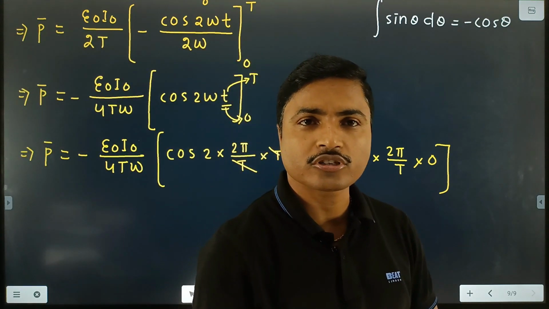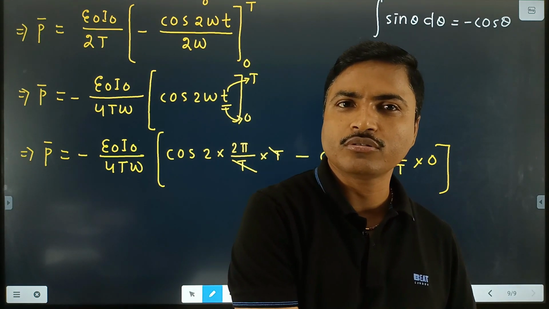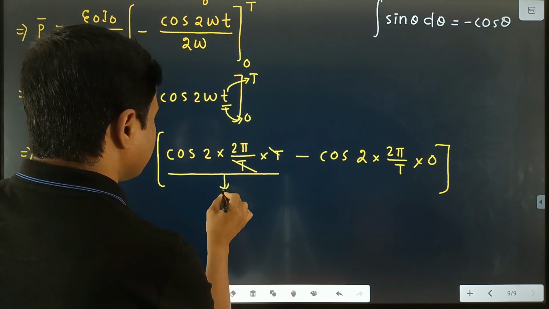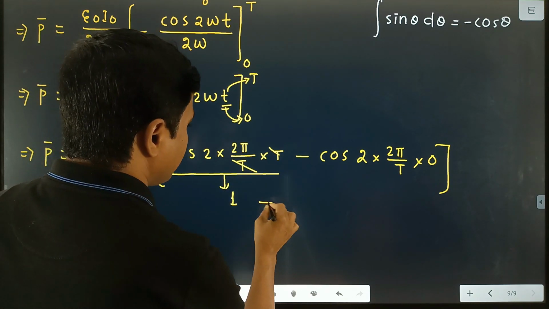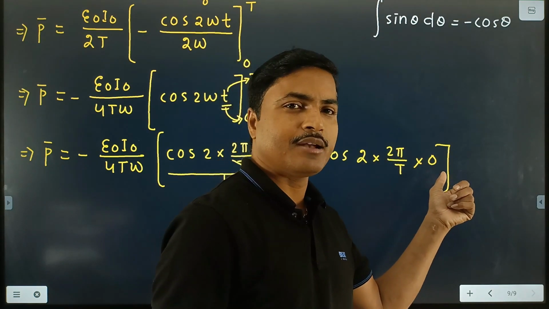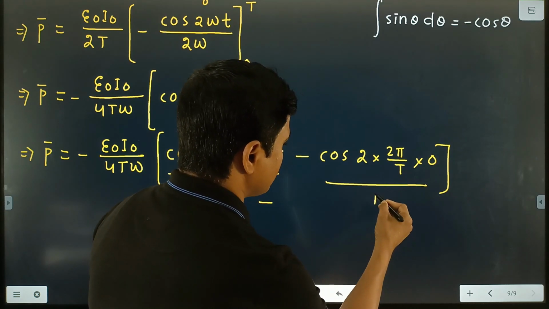You know the value of cos 4 pi is same as cos 2 pi, same as cos 0, and its value is equal to 1, minus cos 2 into 2 pi by T multiplied by 0, that is cos 0, and the value of cos 0 is also 1.